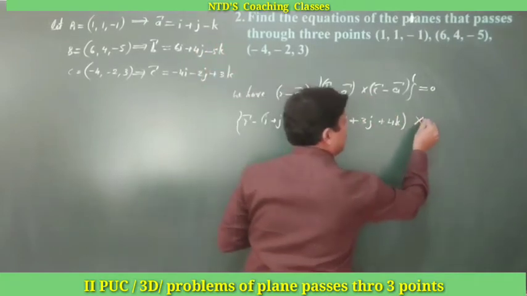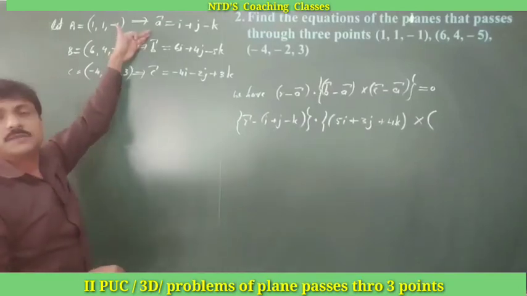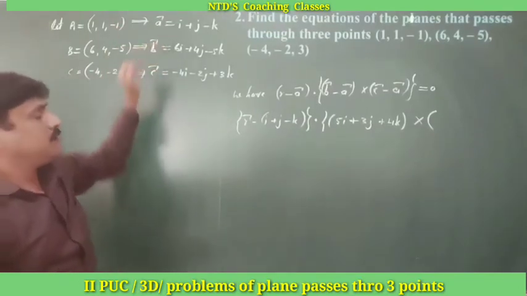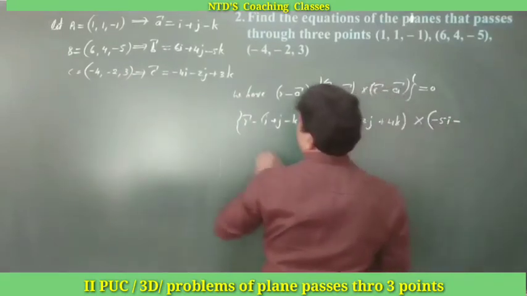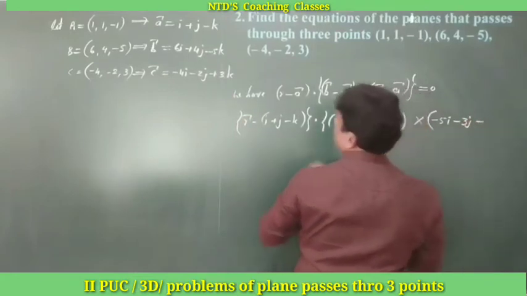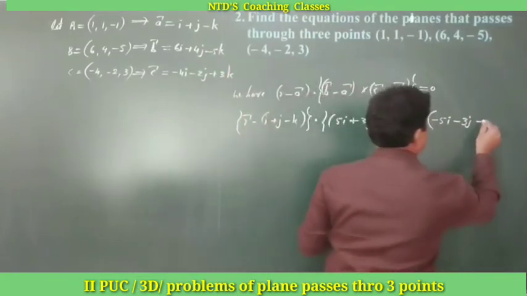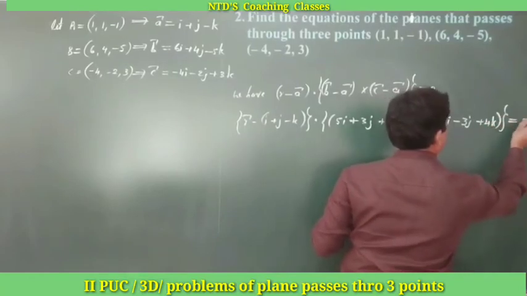Cross, C minus A, C in the A subtraction: minus 4 minus 1, minus 5i, minus 2 minus 1, minus 3j, 3 plus 1 plus 4k, flower bracket equals 0.